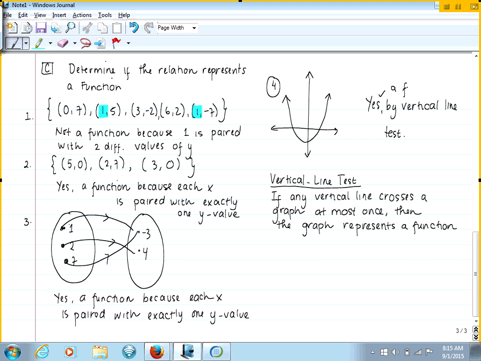Okay? So yes, a function by vertical line test. What about the circle we drew in the beginning?